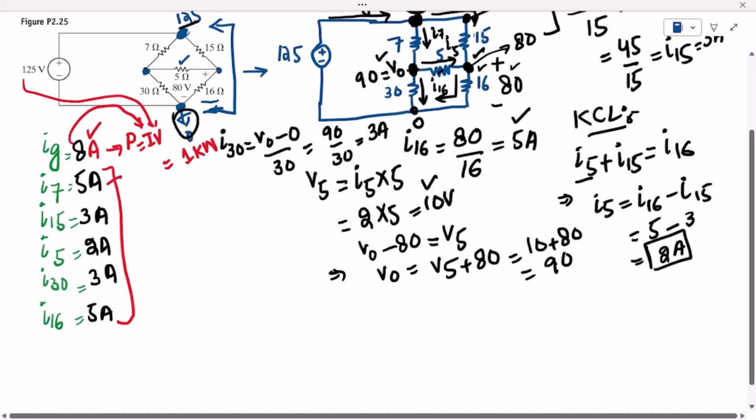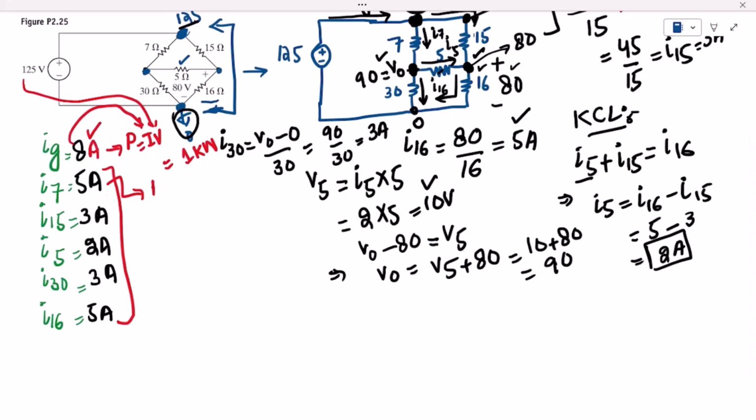Similarly, for this one, this is the 7 ohm resistor across which 5 amps is flowing. To find the power across it, let me call it P7. It will be I squared into R. For P15, the current through it is 3, so 3 squared into 15.